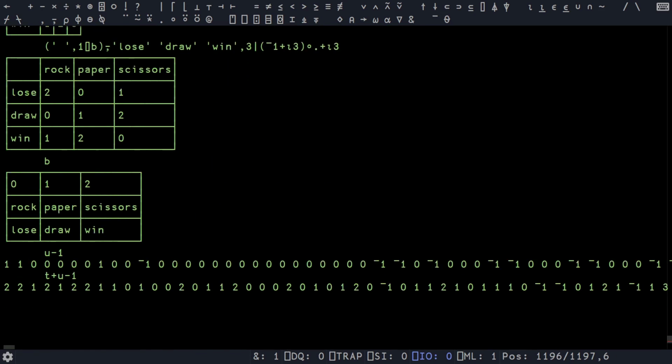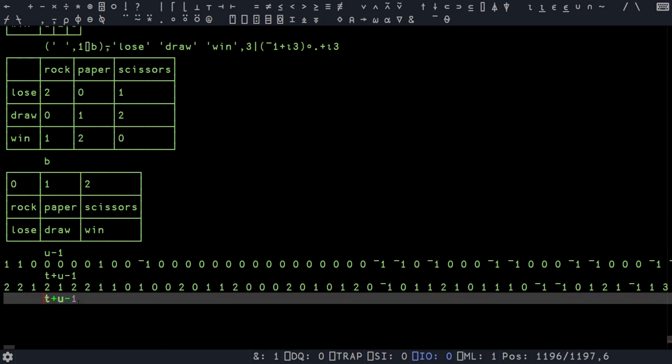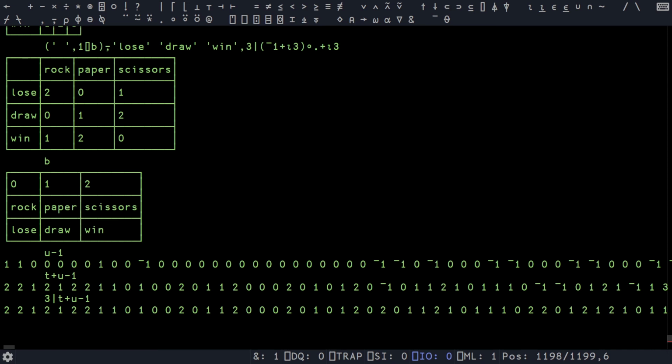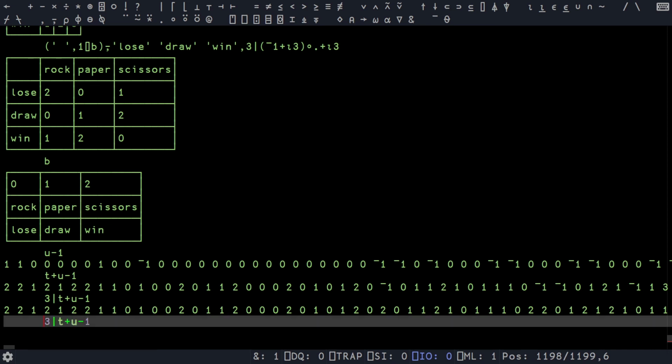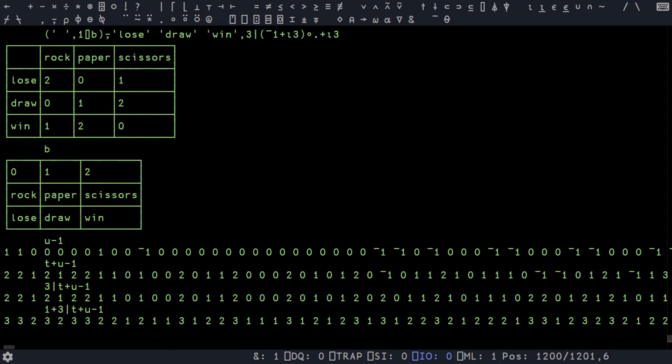And then we're going to do 3 mod here to bring it into this 0, 1, 2 space. And then these are not match values. These are the moves that we want to throw in a particular game. And so we can do 1+ in order to bring it into the proper scoring range, where we get 1 point for rock, 2 points for paper, and 3 points for scissors.